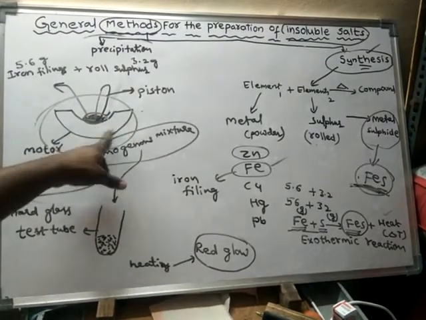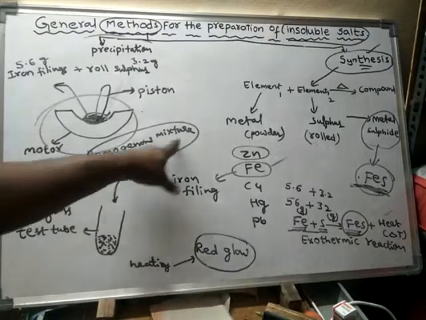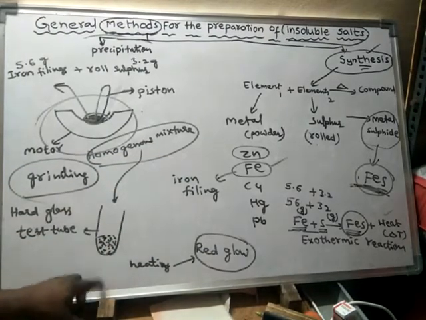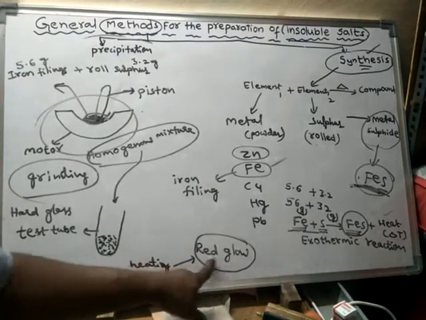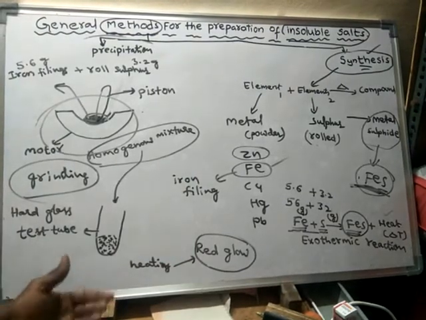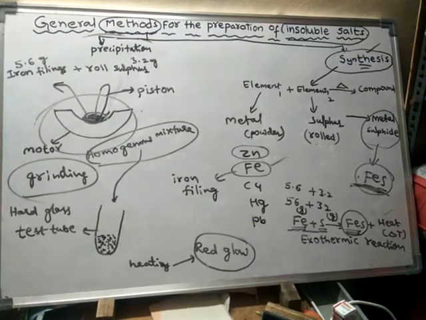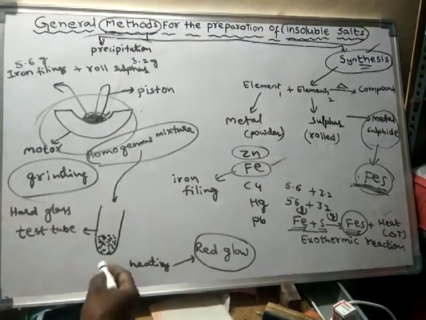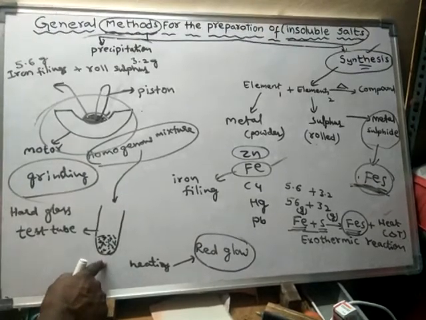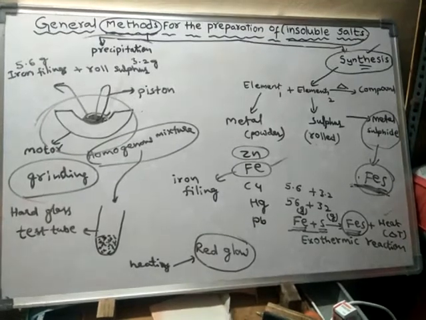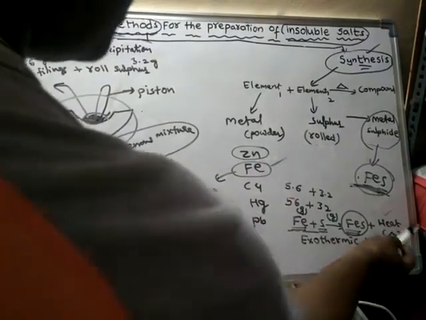They are taken in a mortar and pestle for grinding, and you get a homogeneous mixture. That mixture is heated until it glows red, and then we stop heating. The reddish glow will continue for some time even after stopping heating, as the reaction between iron and sulfur is exothermic.